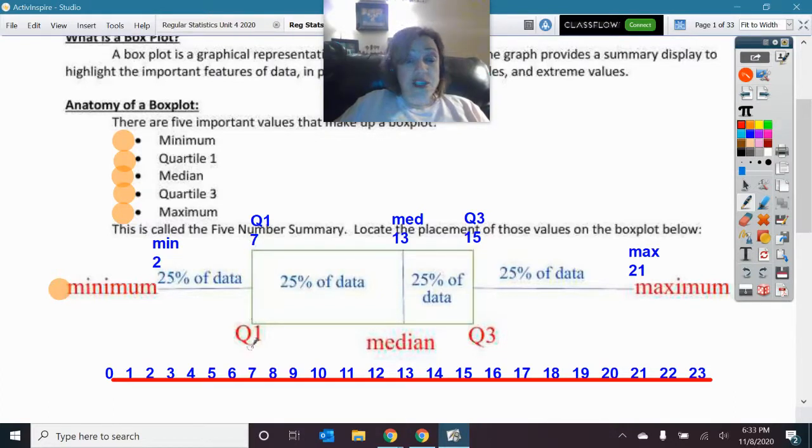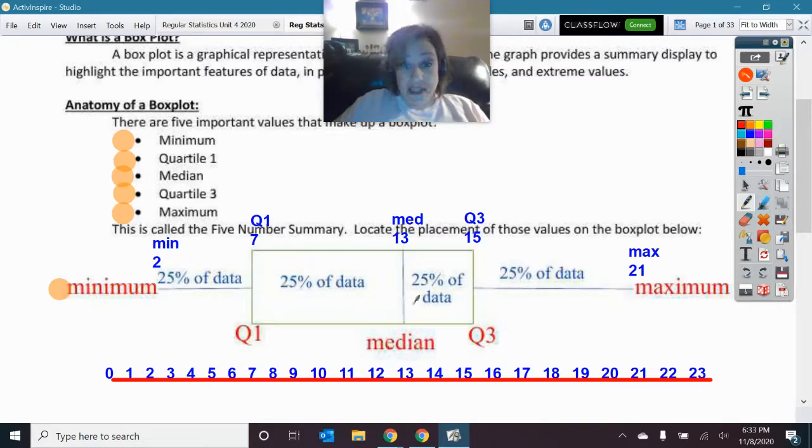Okay, this 25% of data from Q1 to the median, that's 25% of the data. And look, it's a wider spread because it is spread out from 7 up to 13, and so that's 6. So it has a wider spread than this one from the min to the Q1.